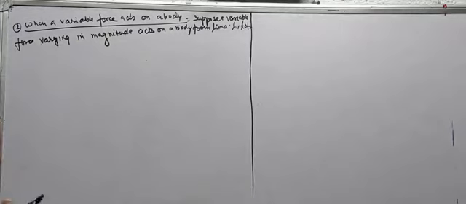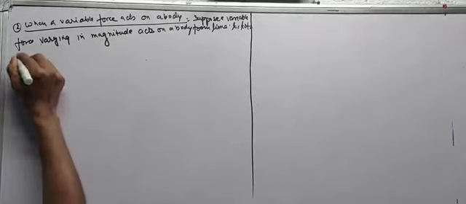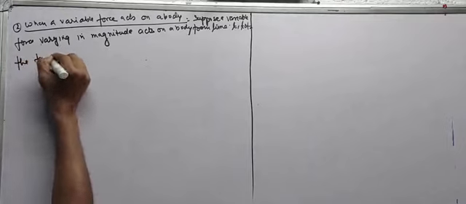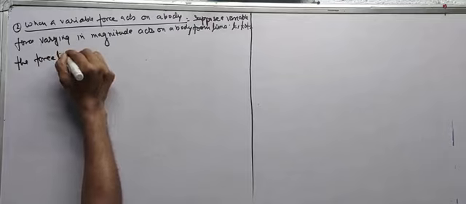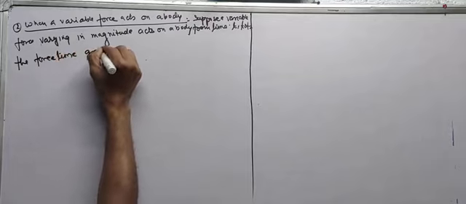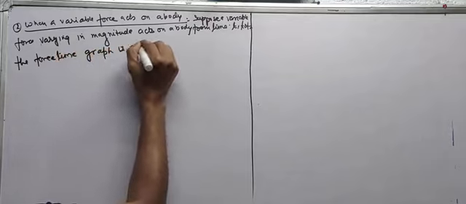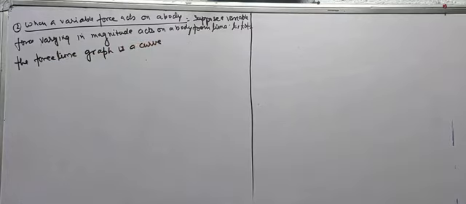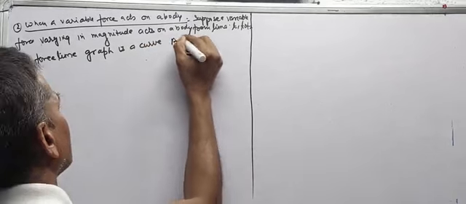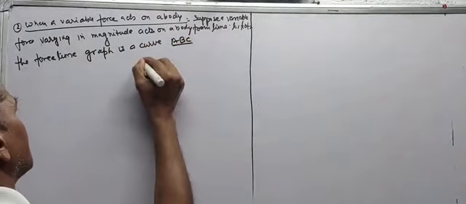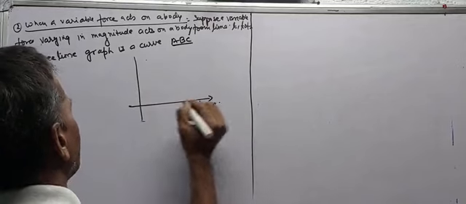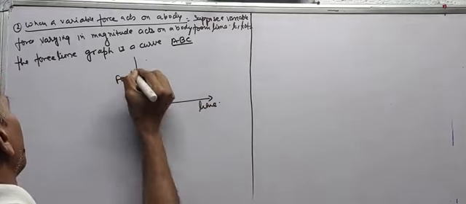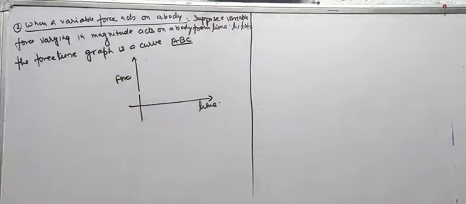The force time graph is a curve ABC. This is the time axis, and the y axis is the force axis.